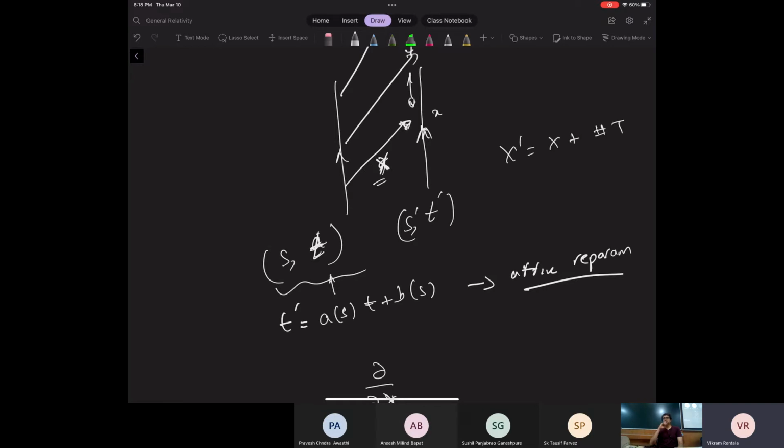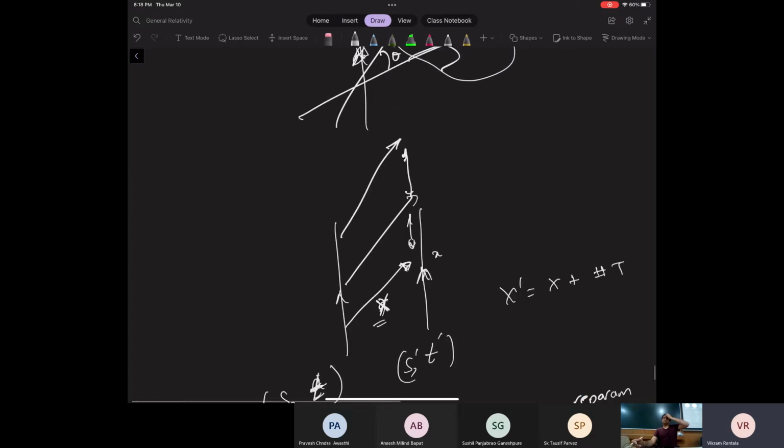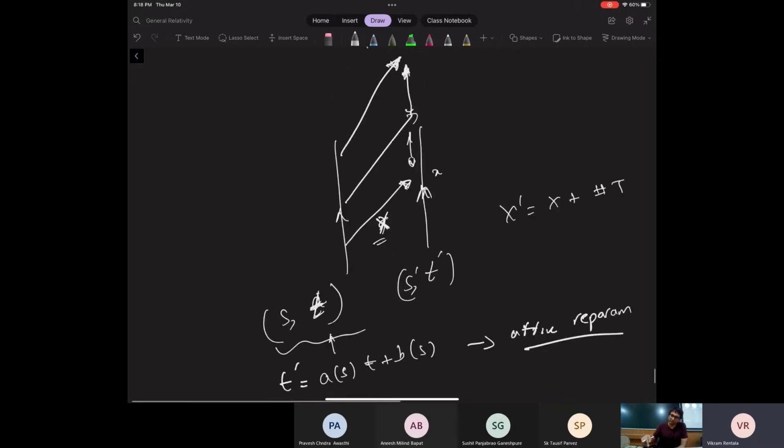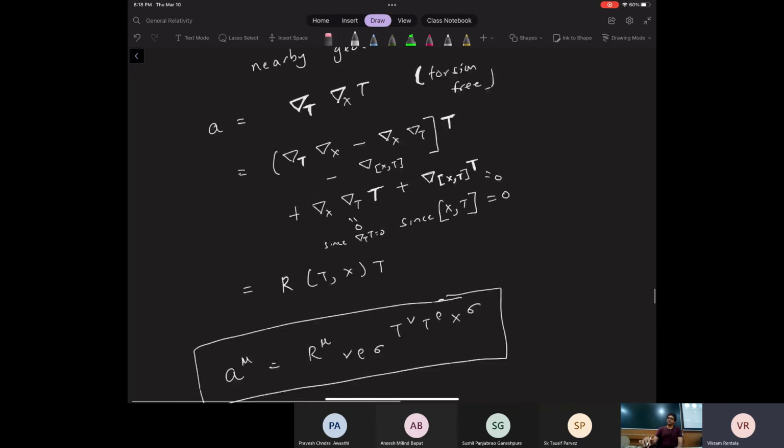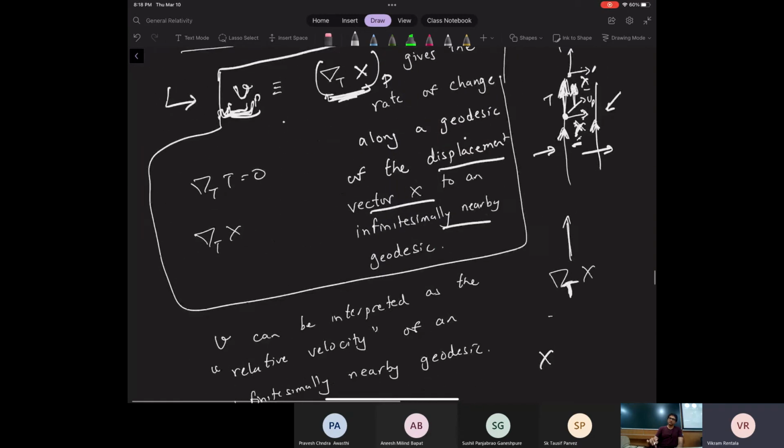Yeah, that's right. I'm not sure about these velocities. Okay, maybe we can go through that proof. Let's discuss the acceleration, then we'll go to the proof of this reparameterization and try to understand the velocities themselves.